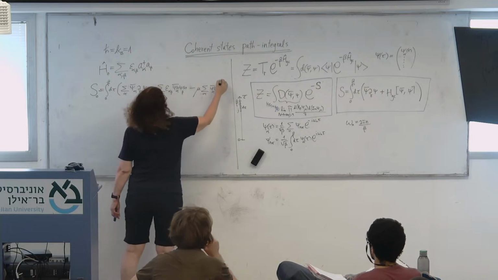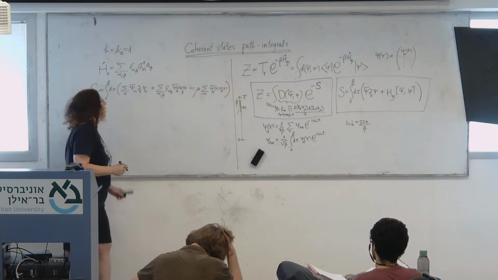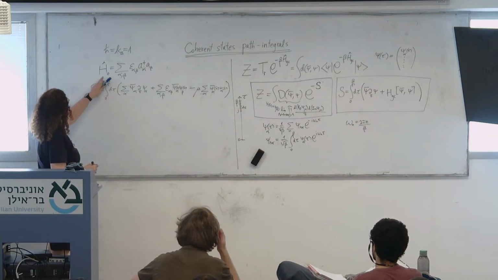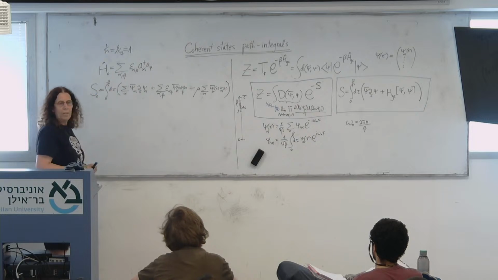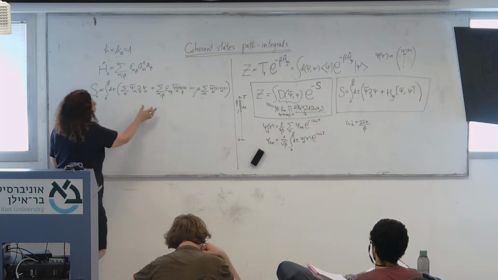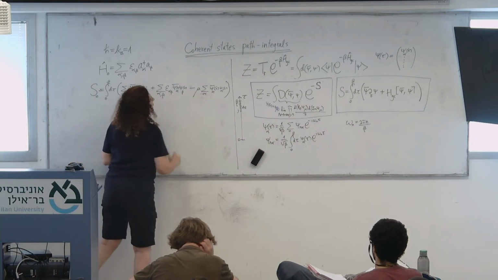Okay? This is S0. This is a single particle Hamiltonian with only single body terms. Right? And here I used the definition of the grand canonical Hamiltonian.